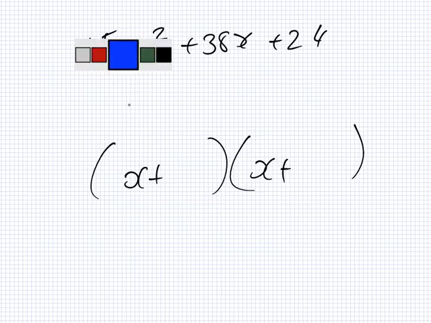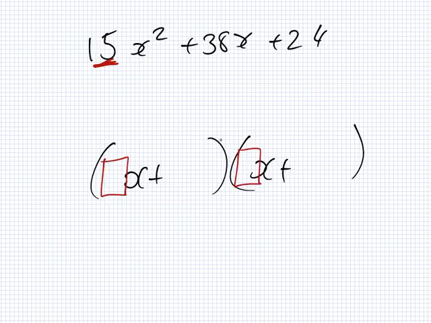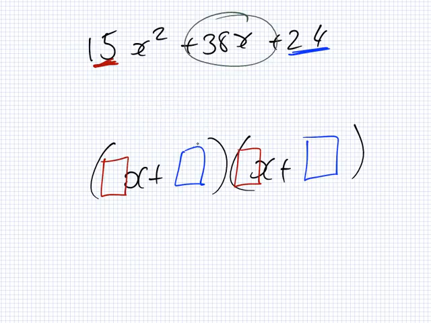And what happens is, this number, you must also factorize it and put it here and here. And then this number, you factorize it and put it here and here. And then this number, the 38, is this times this plus this one times this one.